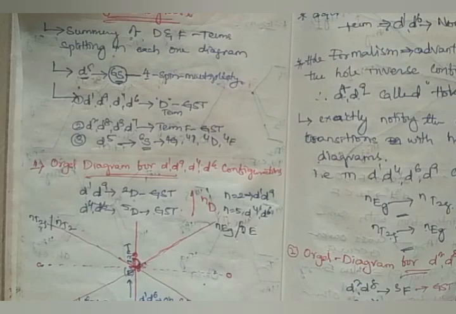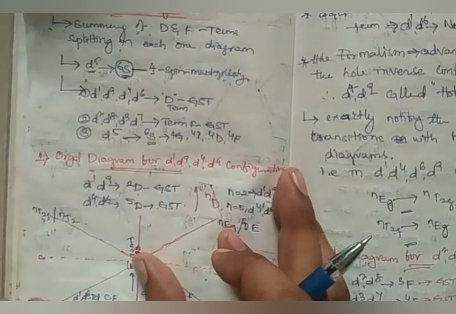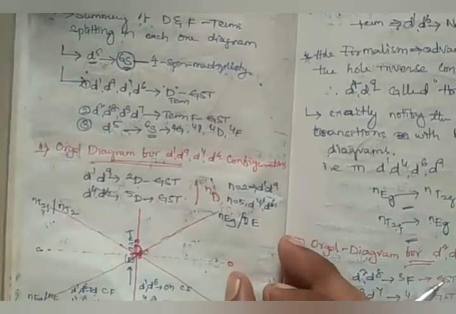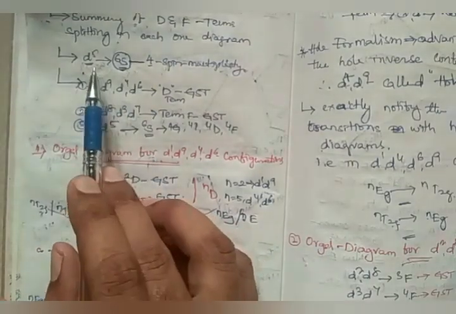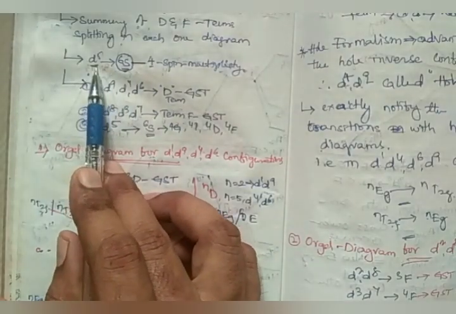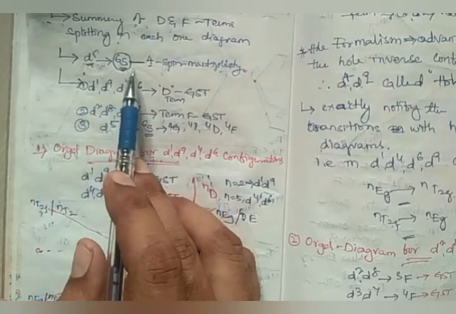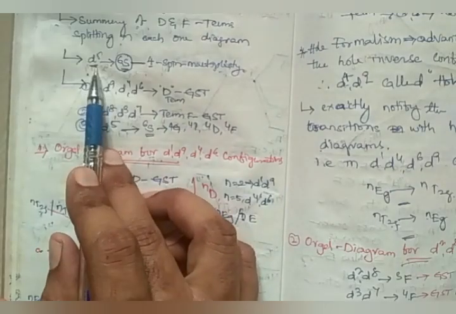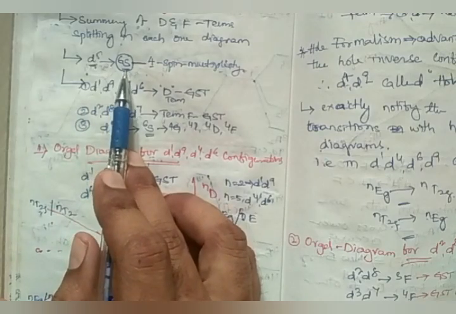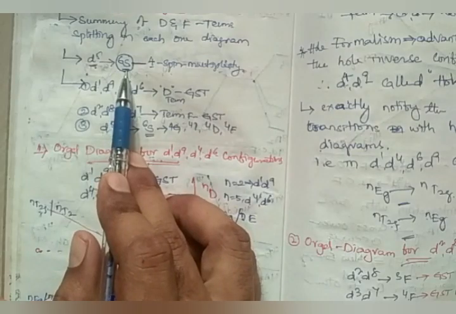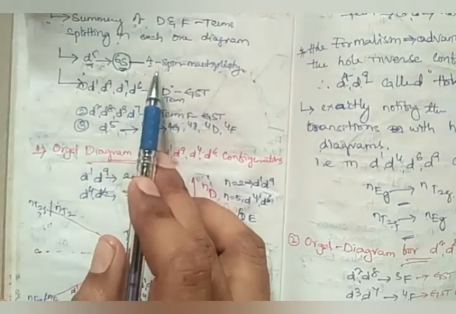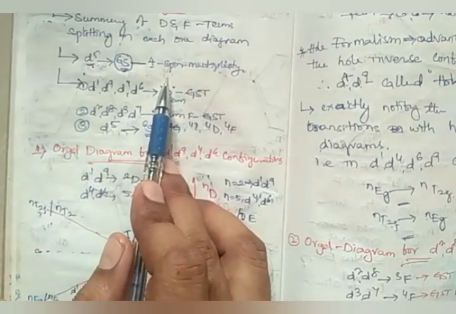For this convenience the Orgel diagrams were proposed, and summarizing all the diagrams is also an advantage. Here we also explained the d5 Orgel diagram, where the d5 electronic configuration has the sextet S ground state term, which upon the crystal field effect never has any splitting.